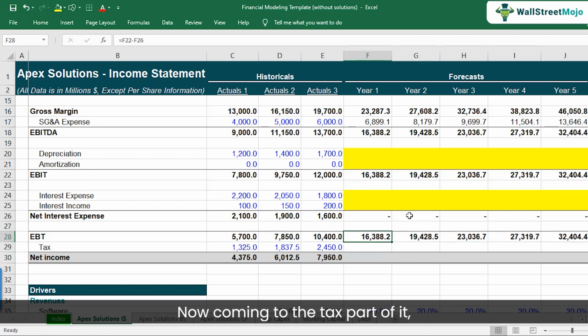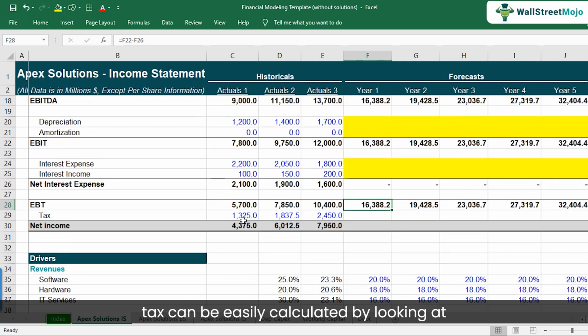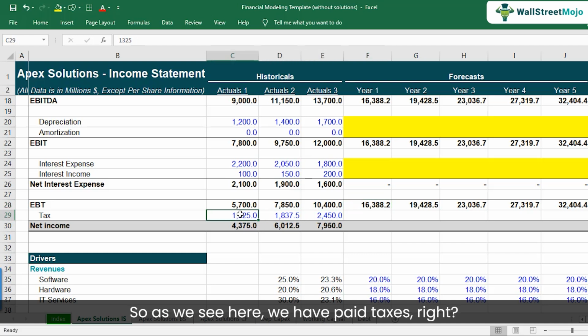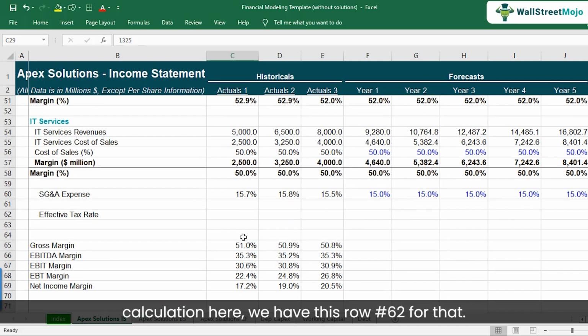Now coming to the tax part of it, tax can be easily calculated by looking at the effective tax rate historically. As we see here, Apex Solution has paid taxes over the period of time, right? So we can calculate the effective tax rate, that is how much was the overall rate on earnings before taxes. So let's do that calculation here.